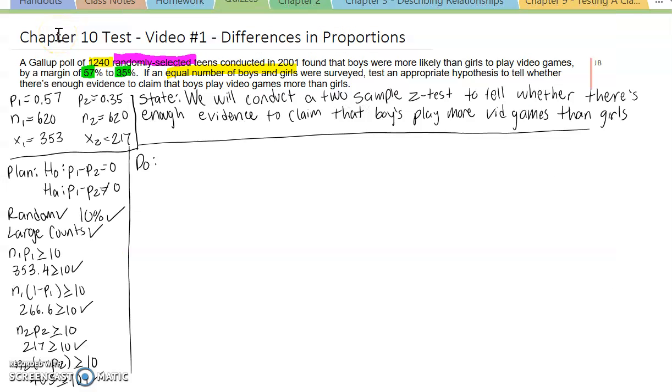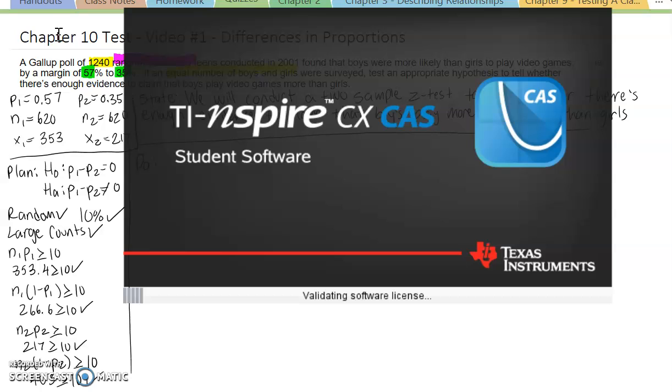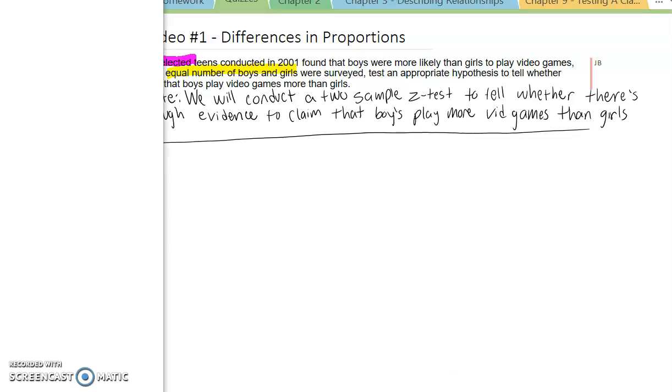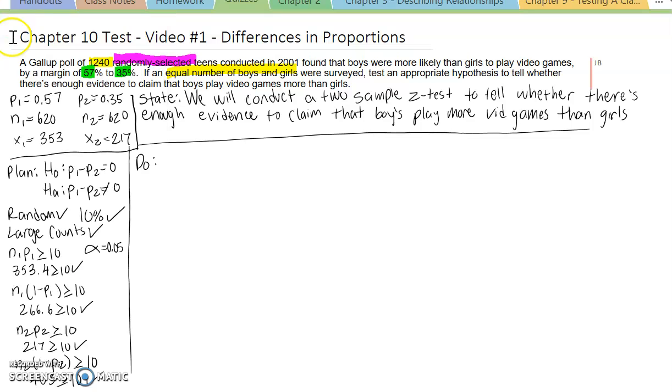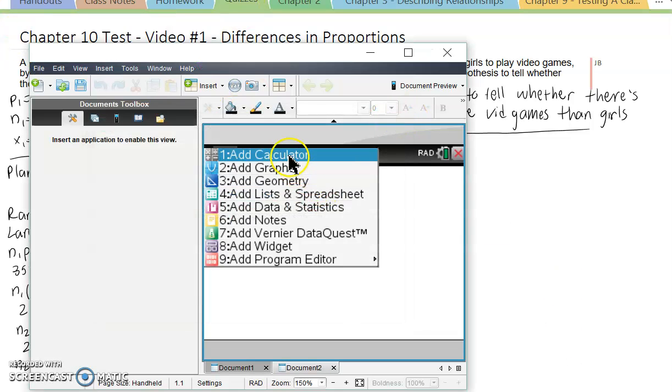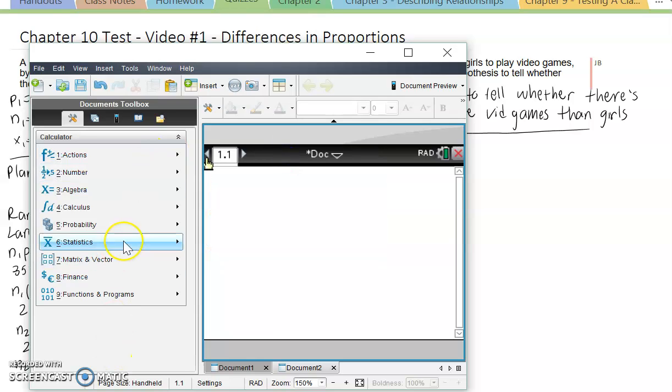So now for our do portion, we are going to open up the TI-Inspire, and then we're just going to carry out the two-sample z-test through there. Oh, before we do that, we also have to set an alpha level. So I'm going to set that to 0.05. And then now we can open up the calculator and carry out our tests.